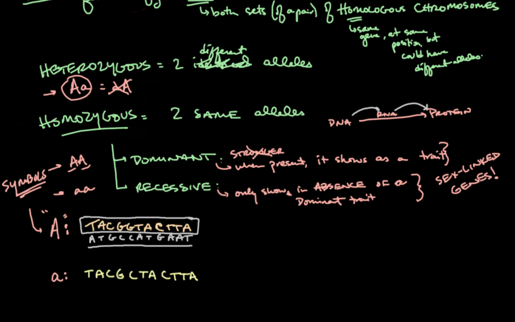And so when you look at those two sequences, what should stand out to you is that there was a change here from G to C, and that's a mutation, right? It's actually considered a point mutation. It's a substitution. Substitution. Sorry, I can't spell.